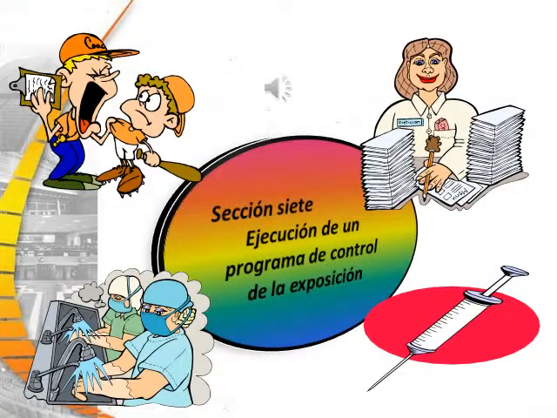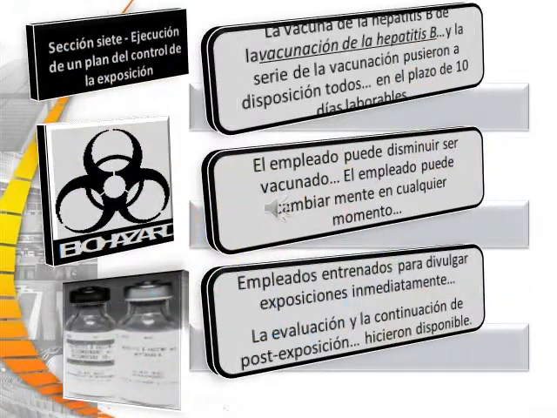Section 7. Implementing an exposure control program. Hepatitis B vaccination. Hepatitis B vaccine and vaccination series are made available to all within 10 working days. The employee may decline to be vaccinated, and employees may change their mind at any time.